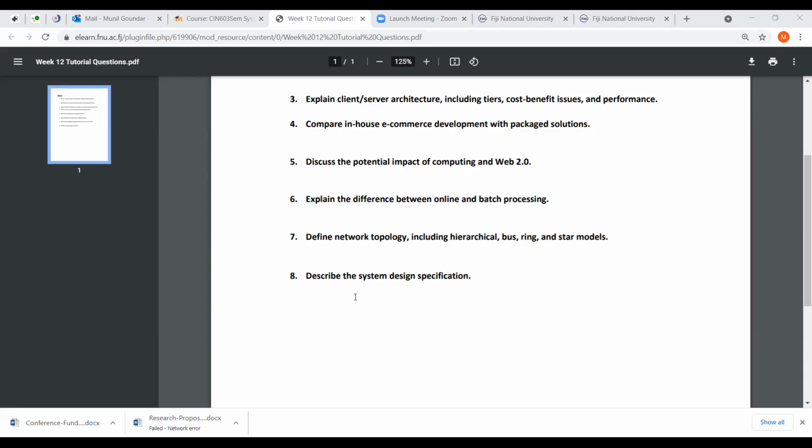Next up, develop the project in a modular form.